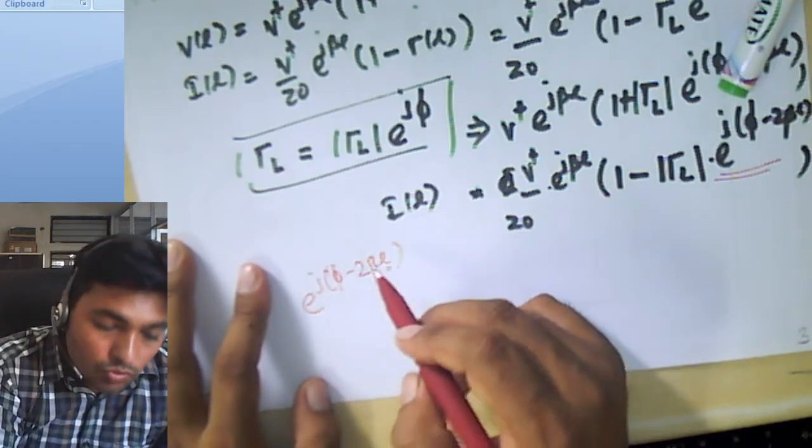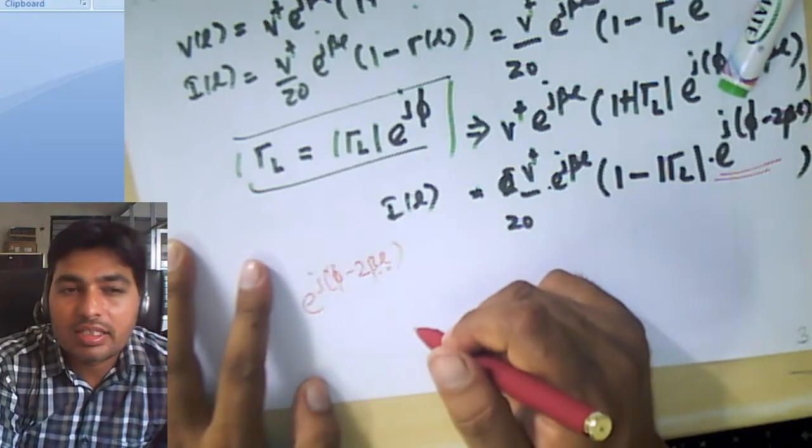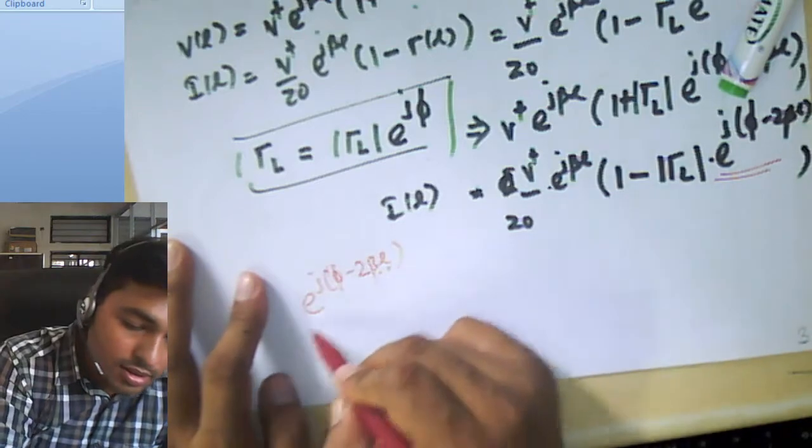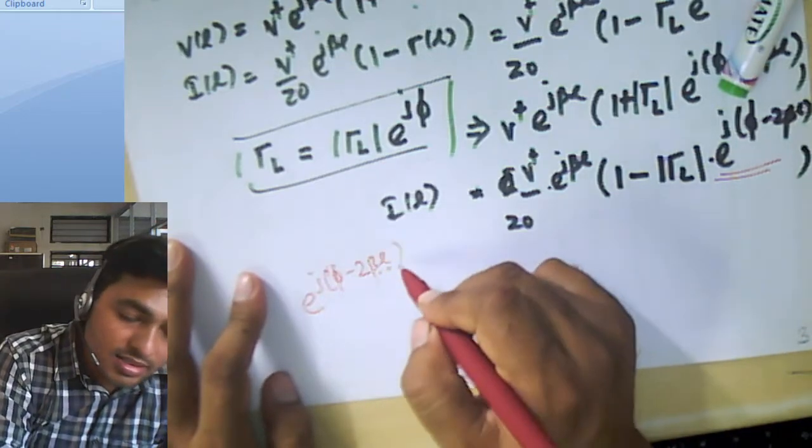So as one moves along the transmission line, the length L changes, and therefore this phase changes.